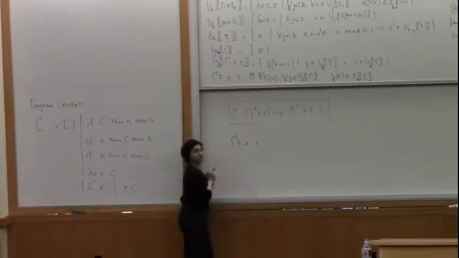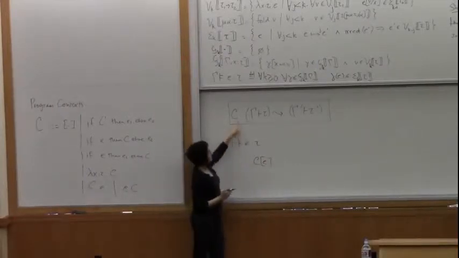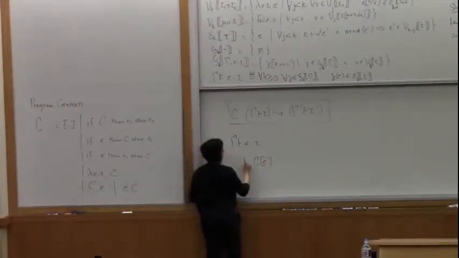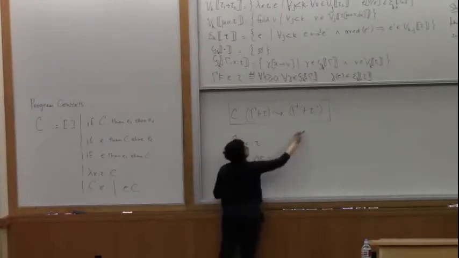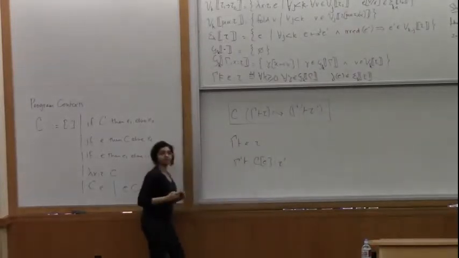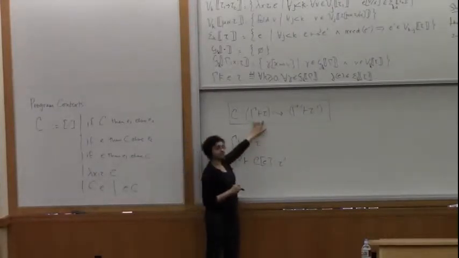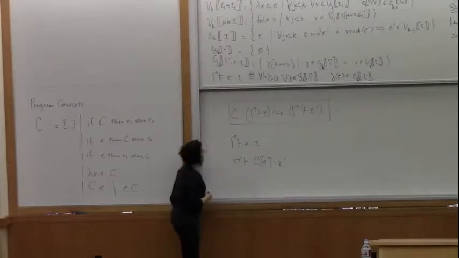So if you're given an expression of this type, then once you plug the expression E into the context C, you will get an expression that has type tau prime under the environment gamma prime. Okay? So that's the way you want to read these typing rules.